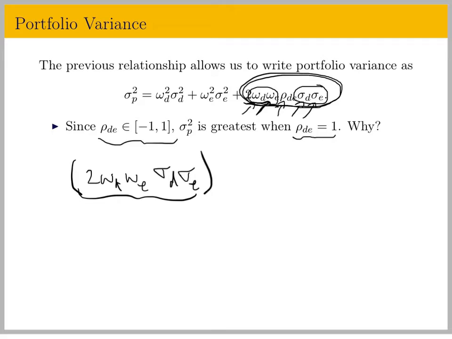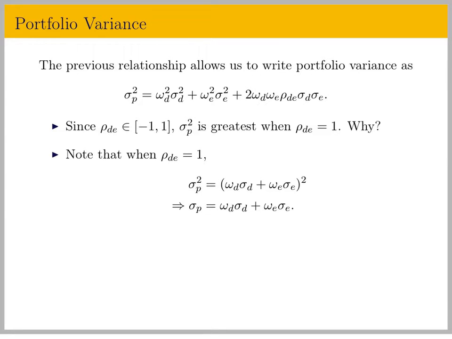And then we multiply that whole number by this rho that I have, rho de. Now it's biggest when rho is equal to 1 because otherwise I'm taking some fraction of that number if rho is less than 1. And if rho is in fact negative, then I'm making this number negative, which in fact further reduces the portfolio variance.